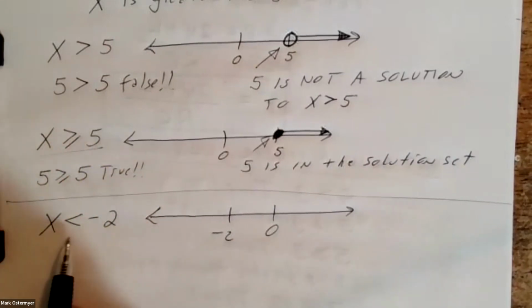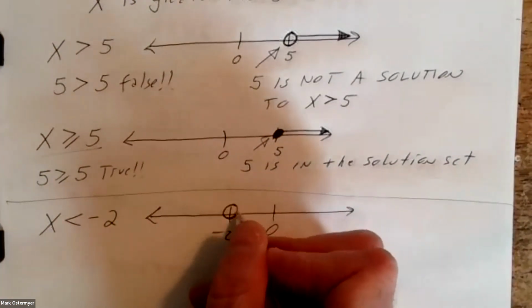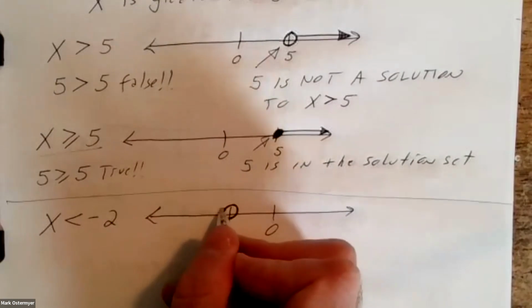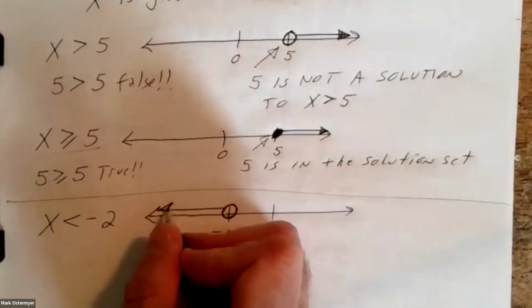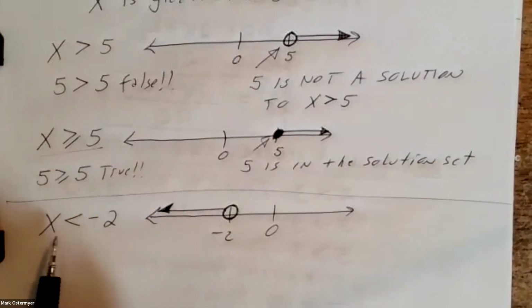The answer is no. -2 is not less than itself, it's equal to itself. So to not include -2 in our solution set, we have an open circle on -2. And we shade to the left. This would be the graph of all real number solutions x such that the number is less than -2.